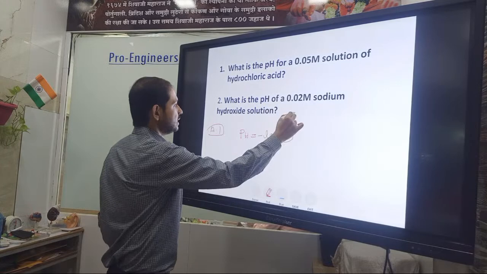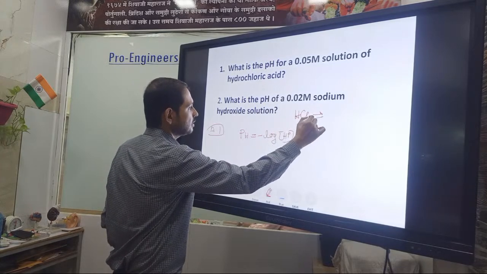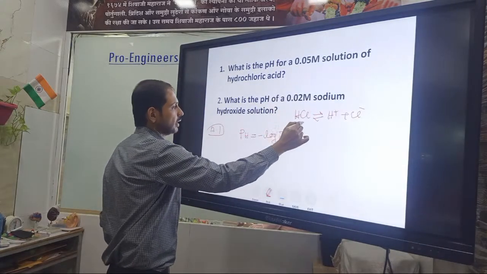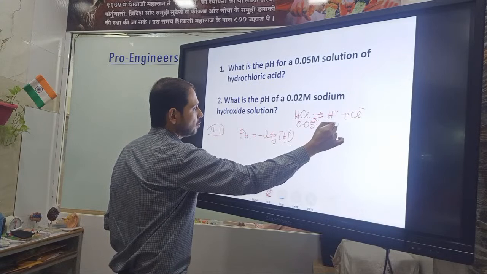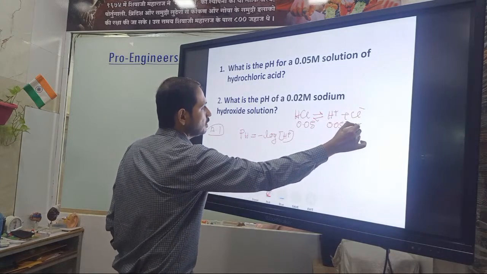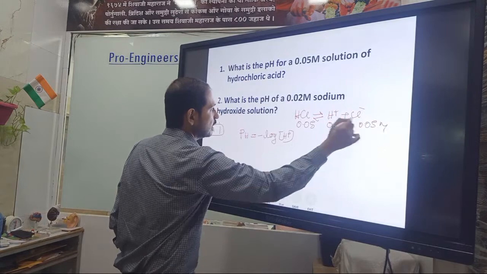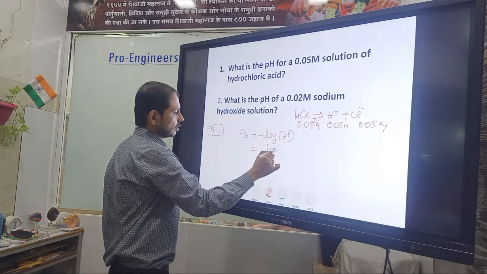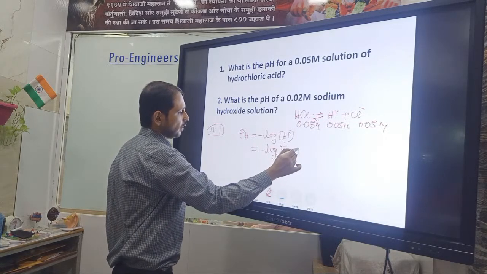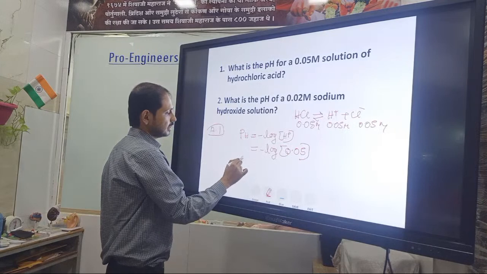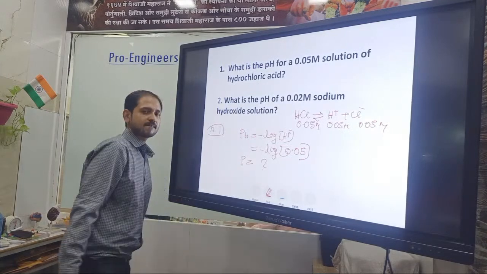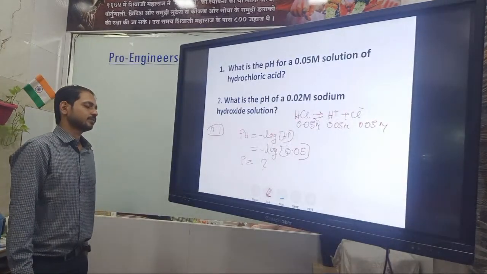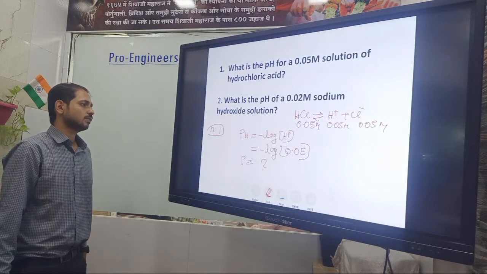HCl dissociates 100%, so 0.05 molar HCl will give you 0.05 molar H plus and 0.05 molar Cl minus in solution. Very simple, here we have to put log of 0.05, and you can easily get the value of pH. Just calculate it and let me know the value.